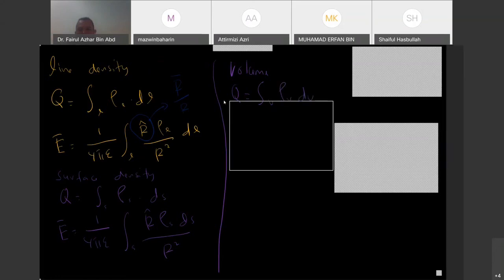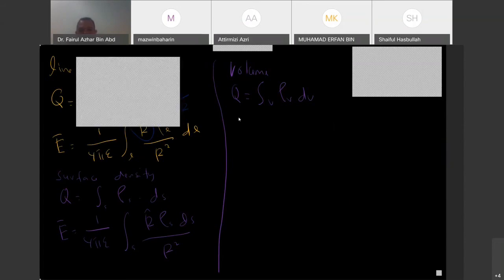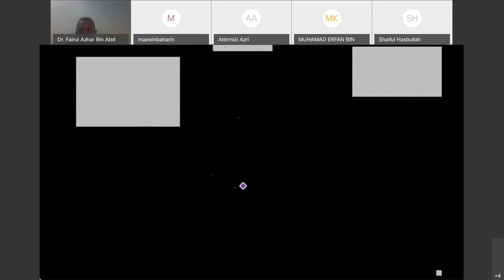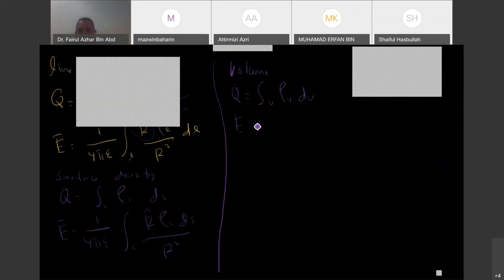Okay, and then the expression for the electric field intensity can be written as this. E is equal to 1 divided by 4 pi epsilon, volume integration of R cap, which is the unit vector, rho v dv, divided by R squared. The unit of it is volt per meter.